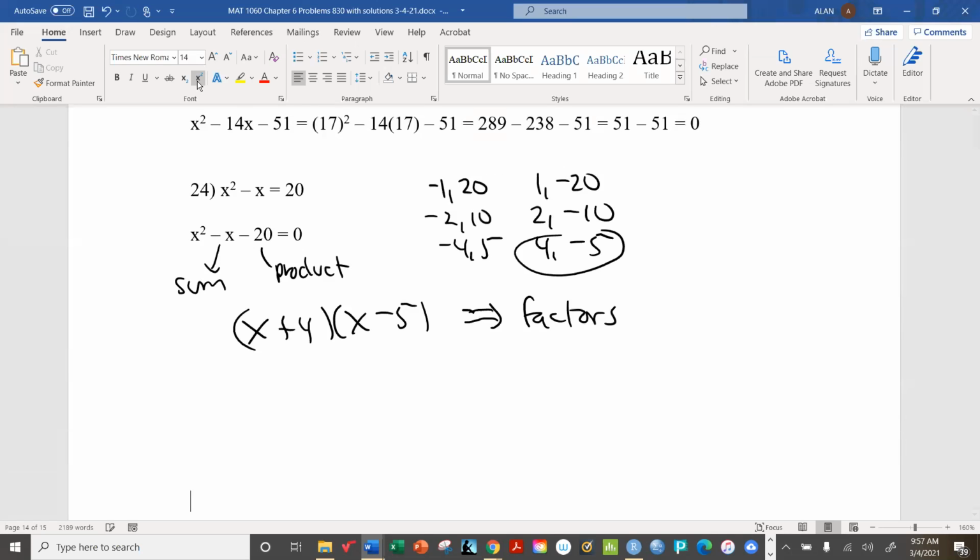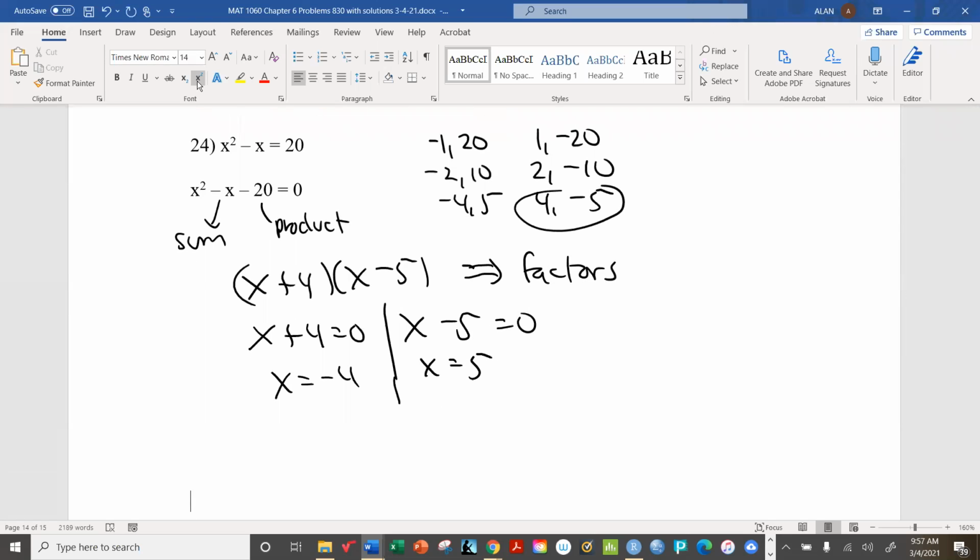We'll set them equal to 0. Okay, and then we'll try them both, double check.